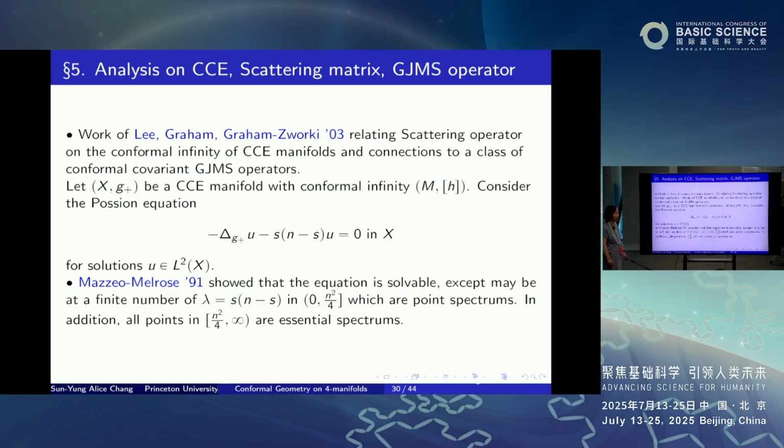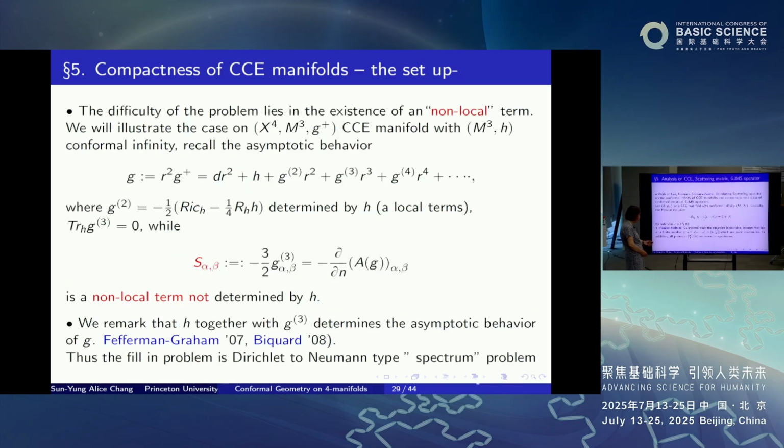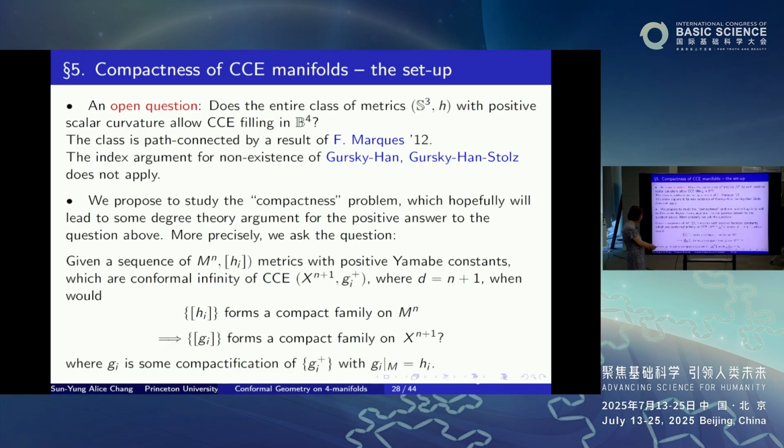And then how do we address the problem? We have this h given, and then we want to decide this class of metric h. And then the problem is, what is a good representative of h? This is modulo conformal class. What's a representative of [h]?